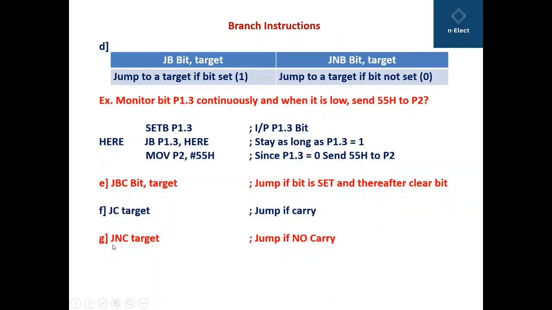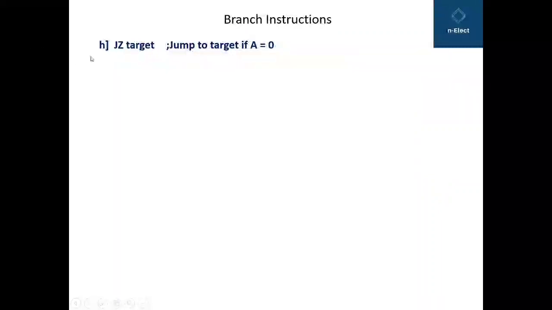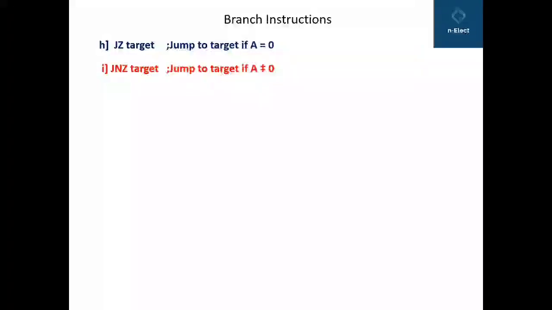Similarly here, jump to the target address if the carry is not generated. Jump if no carry. Then jump to a target if the accumulator contents are 0. And here JNZ target means jump to a target address if accumulator contents are not equal to 0.